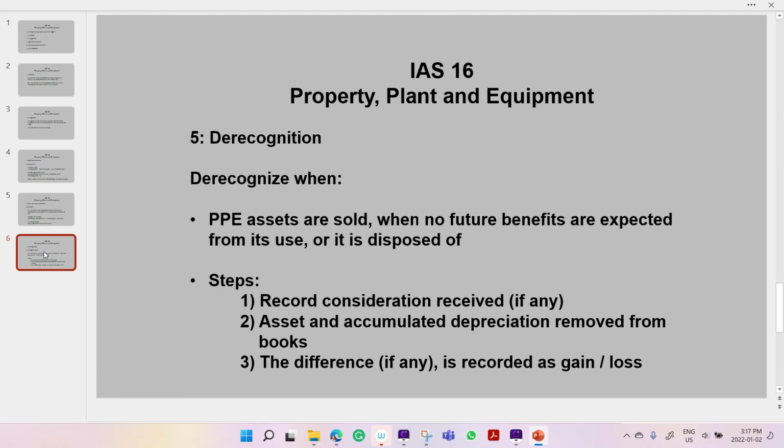Then you got to eliminate the asset and the accumulated depreciation from your books. And lastly, if there's a difference, then it's recorded as a gain or a loss on disposal, and that would be an accounting gain or an accounting loss. So again, 5 points, know them at the tip of your fingers.